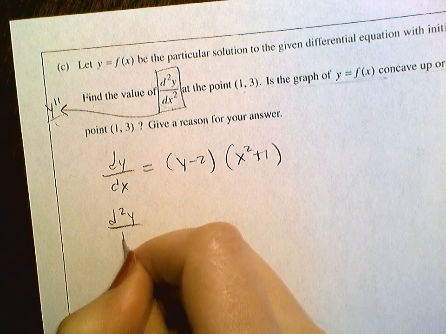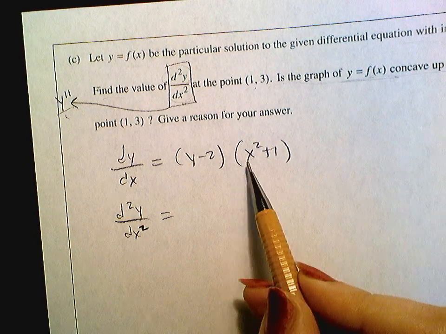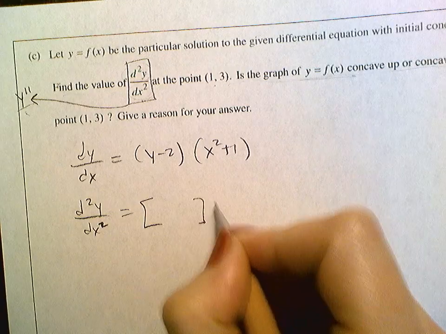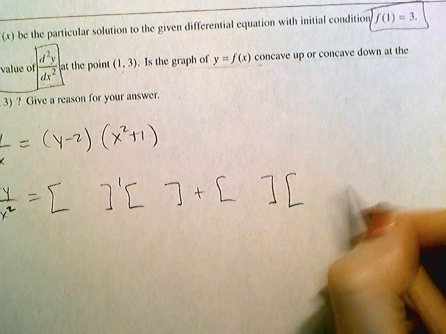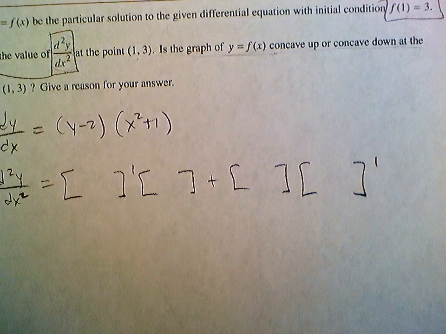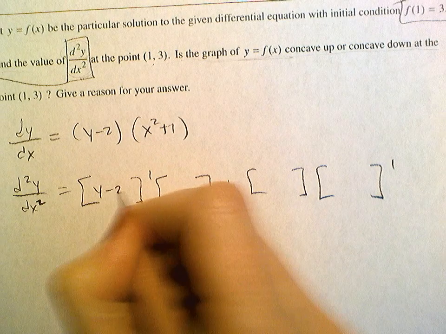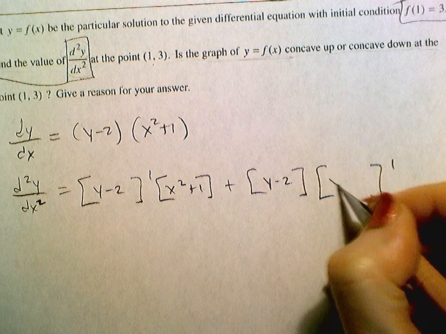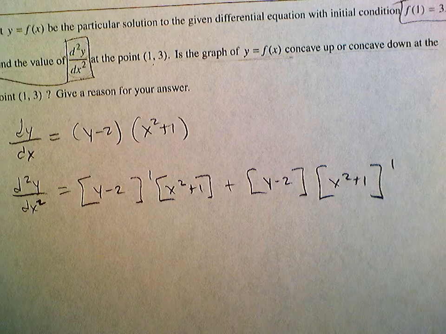So this equals, okay, so I've got to use product rule. So guys, I know that you're kind of past this, but I have noticed sometimes people are having trouble with product rule, so I'm just going to do the brackets, even though I think oftentimes you don't feel the need. So I put the original functions in there.